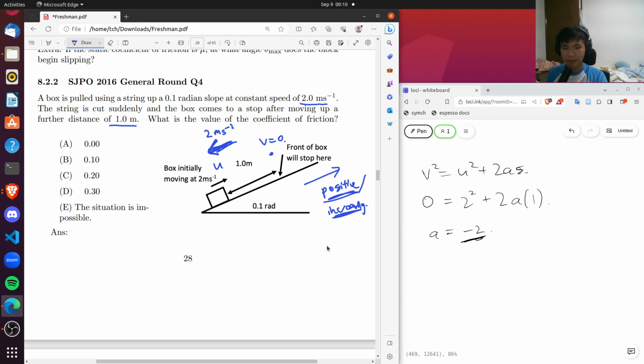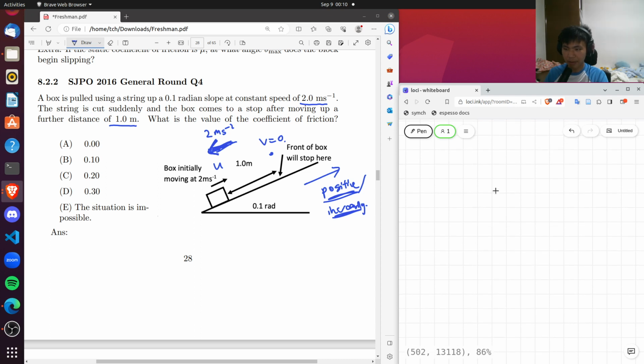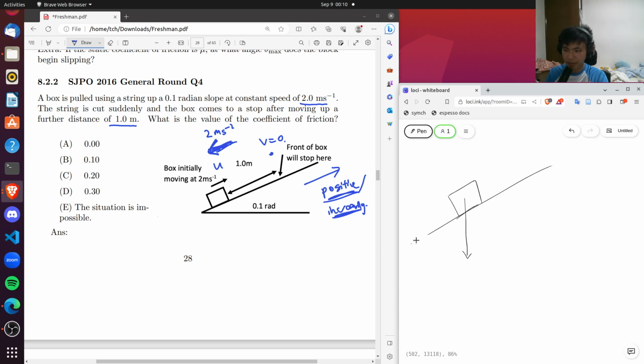All right. So now we know the acceleration, we can turn to the friction aspect. What are the forces acting on the box when it's moving up? There's gravitational, so there's mg, there's also the normal contact force n, and there's also friction. Which direction is friction?